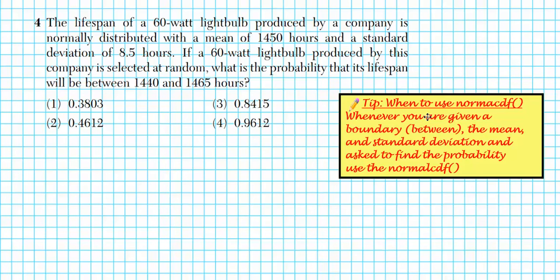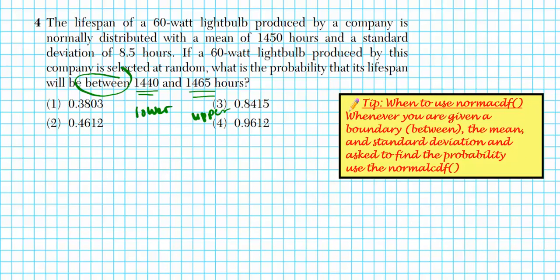So just a quick tip on when to use the normal CDF, the normal cumulative density function of the calculator. It has to do with the following condition, okay? Whenever you're given a boundary, how do you know that you're given a boundary? Look for the word between, and then you're given a lower and an upper bound.